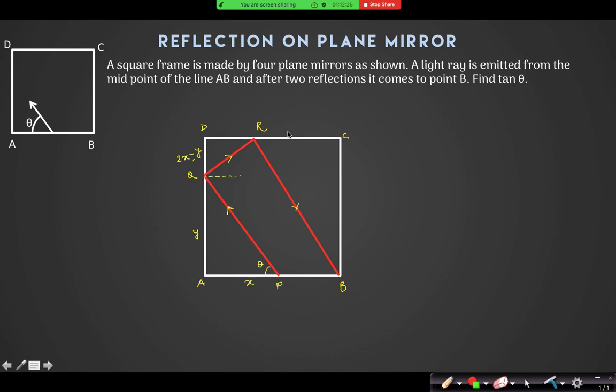So this angle is also theta. And this angle is also theta. Here is also one reflection, so this angle is also theta. Right? This side is 2x.